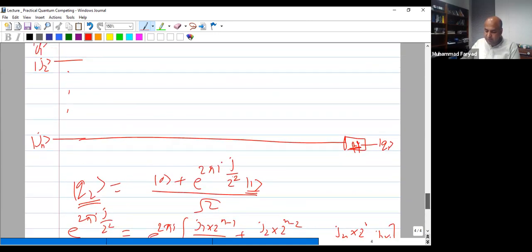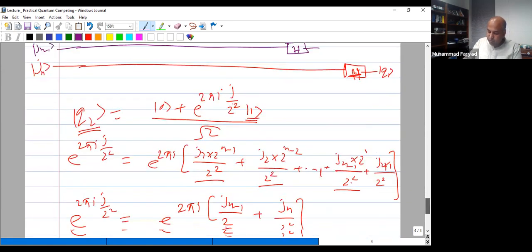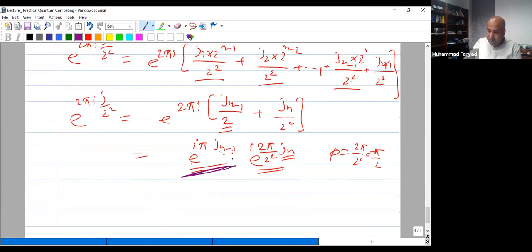So for my qubit Q2, for jn minus 1, all I need to do is apply a Hadamard on it, which works for this part, because this Hadamard is essentially a phase gate controlled by jn minus 1.